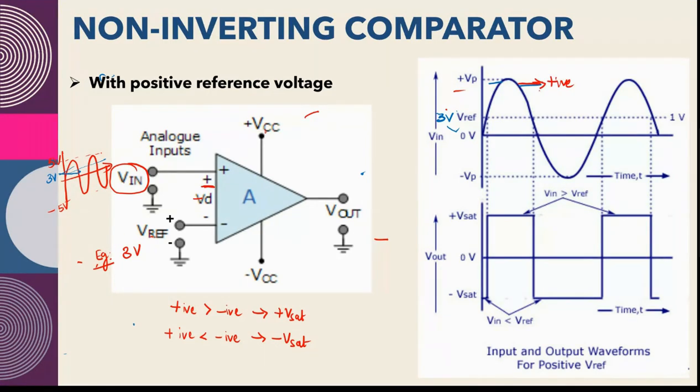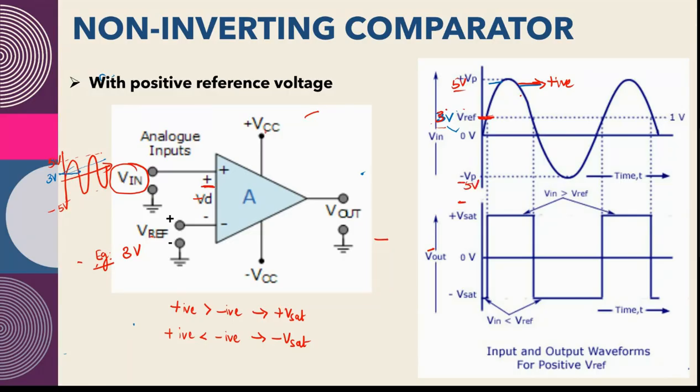Non-inverting comparator means the varying signal we are giving to the positive terminal. And here there is the reference voltage. Consider it as 3 volt, for example. Here the maximum is 5 volt, and the minimum we will consider as minus 5 volt.